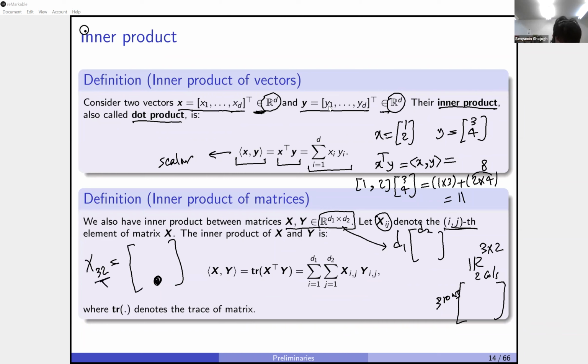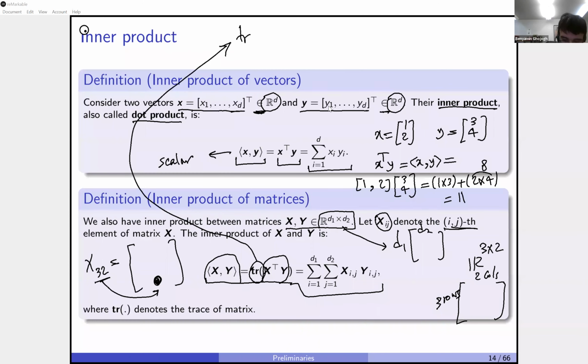This is the X32. And what does this mean? We denote it with this. But we need a trace operator. Trace is nothing complicated. What is trace? It has some definition for eigenvalues, but I don't want to go to that definition.